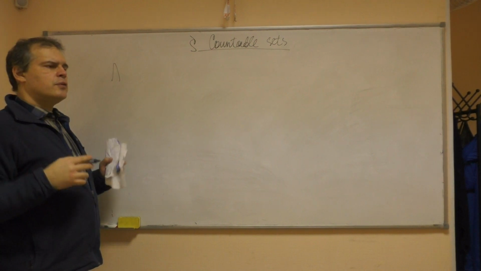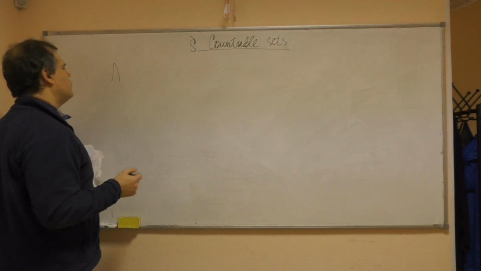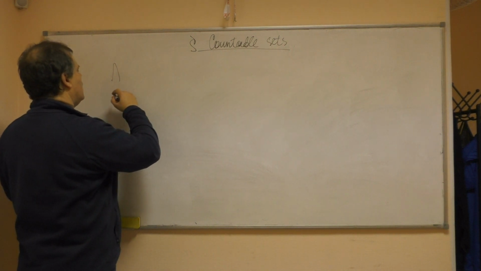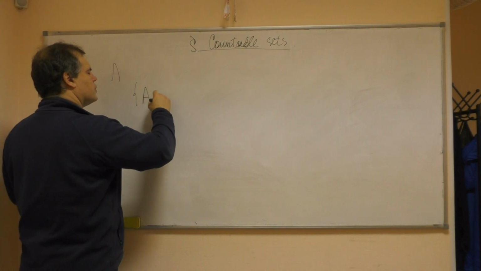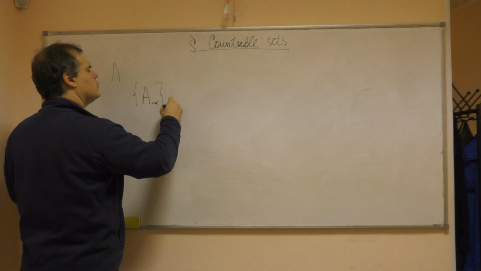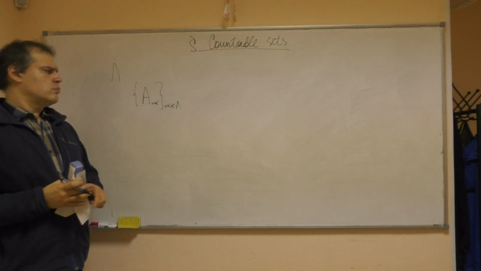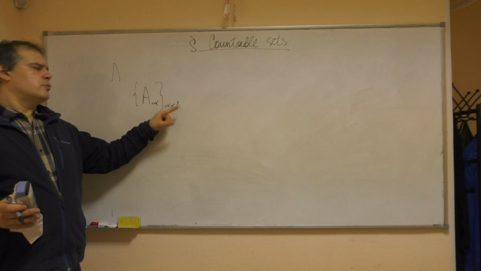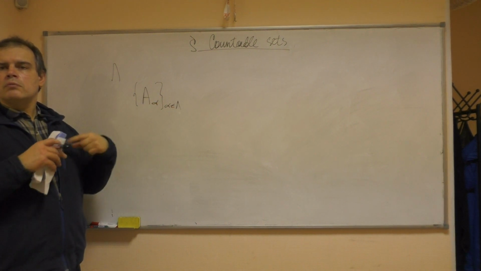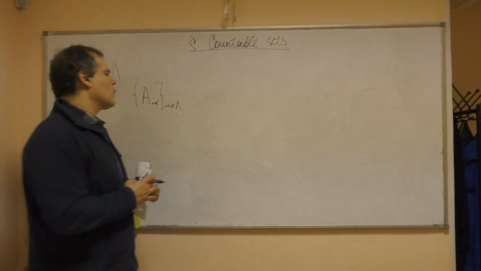It can be finite, countable, non-countable, everything that we like. And let us consider some family of sets. So, once again, lambda can be equal to 1, 2, natural numbers, real numbers, anything.